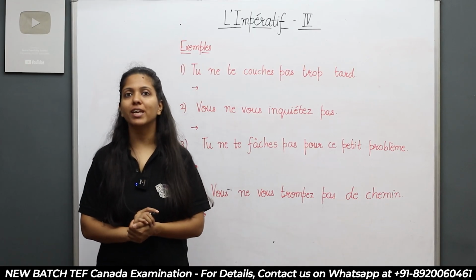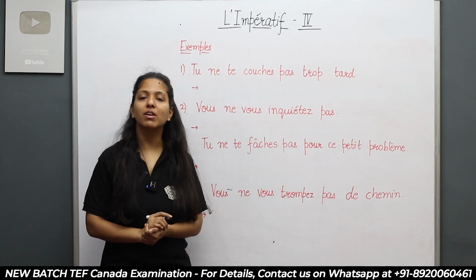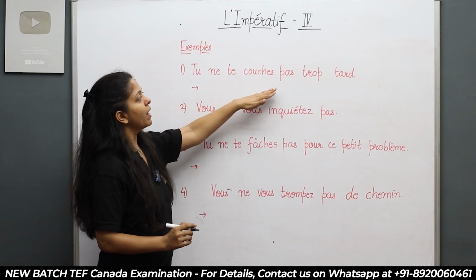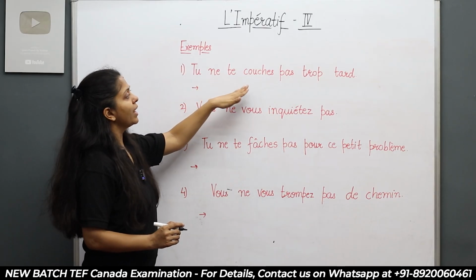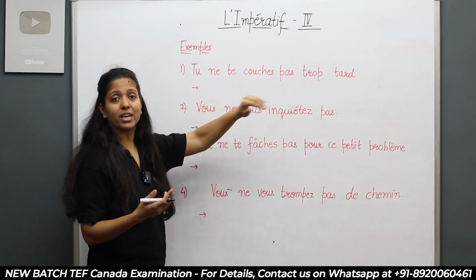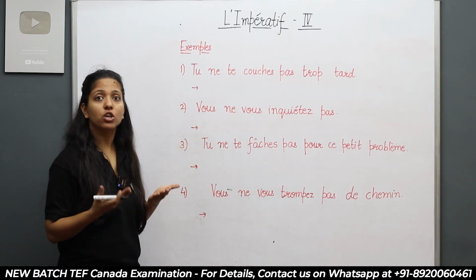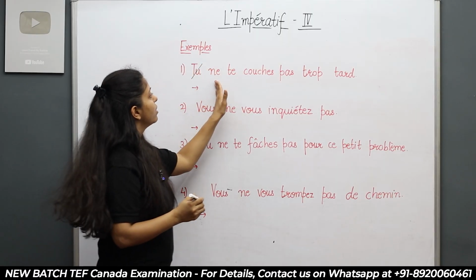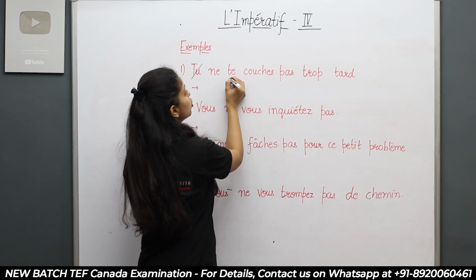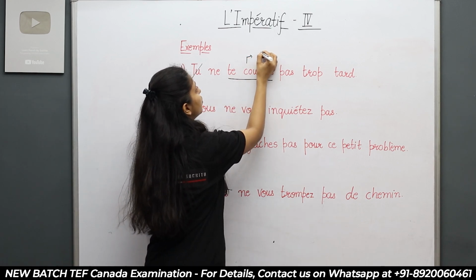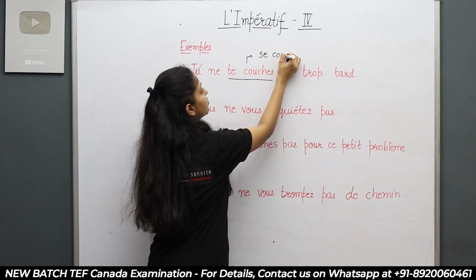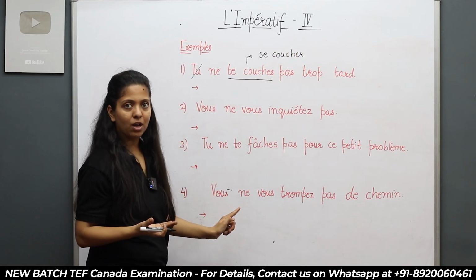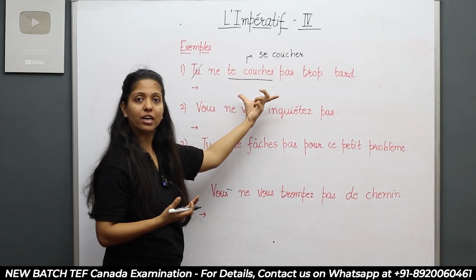Now here I have written certain examples. Just grab a notebook, grab a pen, we are going to solve it together. Tu ne te couches pas trop tard. You don't lie down or you don't sleep too late. Now I want to give an order saying don't sleep too late. So what will you do? You'll omit this tu. Rest of the sentence, so first you should know which verb it is. The verb is se coucher. Now all these examples I've given you are for the pronominal verbs only, and all of them are in the negative form.